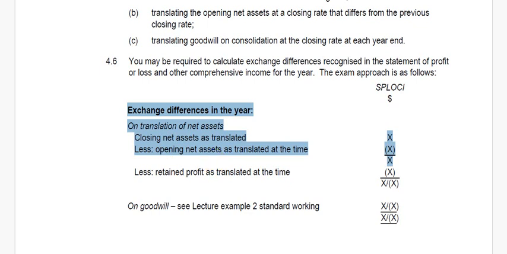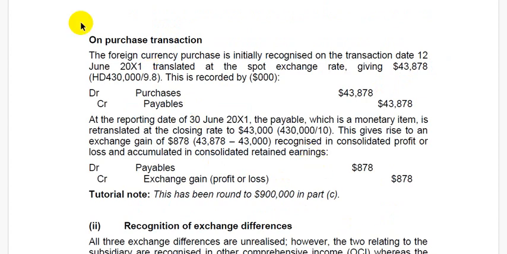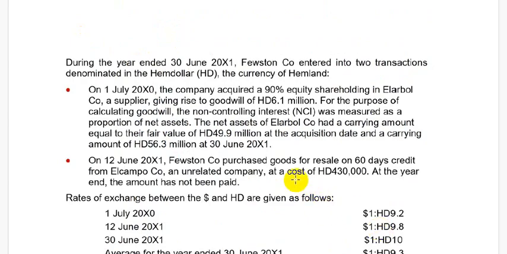We are given two dates. Which date will give you the net assets? Okay, this is our subsidiary. 1st July, and then we'll go to 30th June.